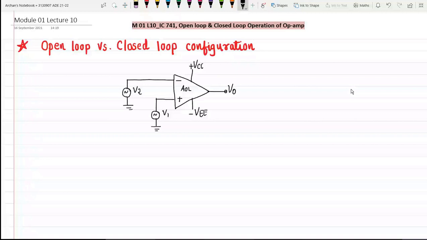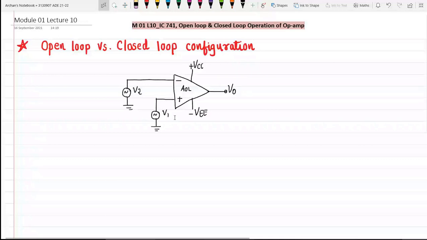As we know, in open loop configuration the gain is very large, almost infinite in an ideal operational amplifier, and for a practical amplifier it is also very large. So what is going to happen to the output voltage? The output voltage will be either at positive saturation voltage, plus Vsat, or at negative saturation voltage, negative Vsat, depending on the magnitude of V1 and V2.